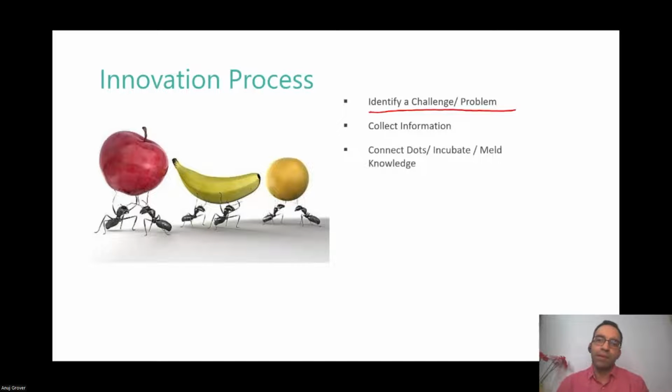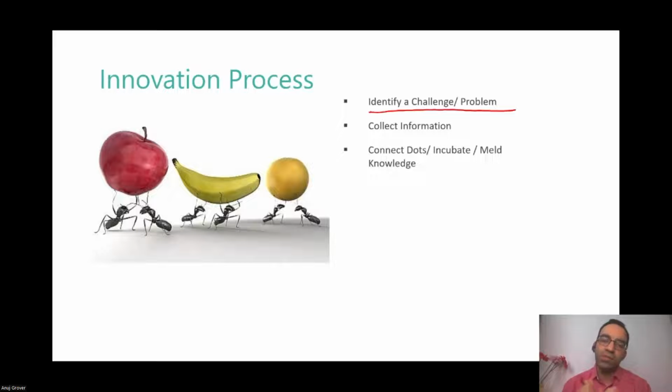Now that we have all this information, we start to connect the dots. We start to incubate and meld the knowledge that we have, and we start to search for solutions. We have to go into divergence sessions, come back again, add more. As you have more experience out of those divergence sessions, you say, oh, these are not working, but this is the most promising direction. Let's get going on this one more.